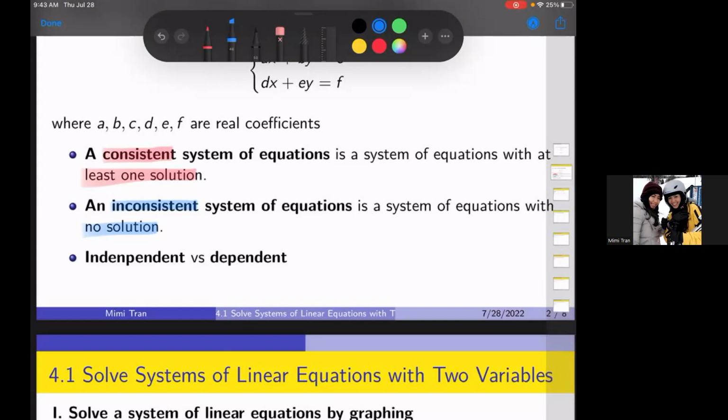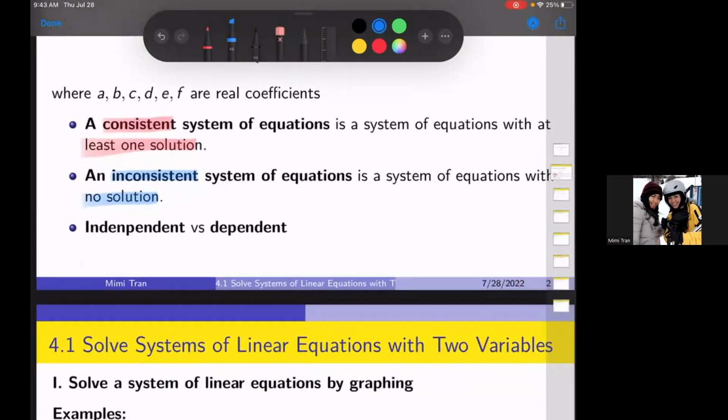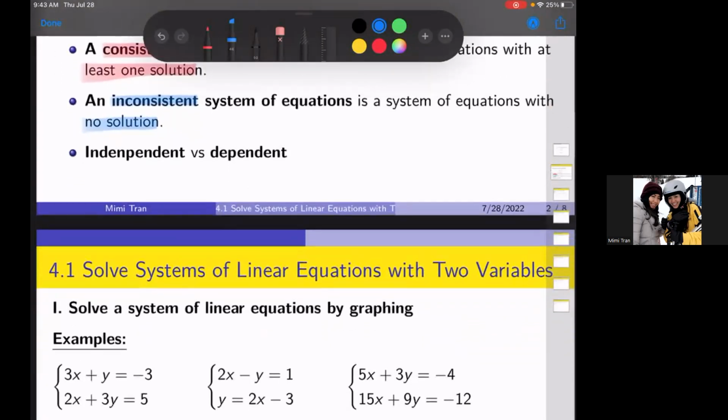Then it's independent because the two lines are not on top of one another, right? As long as you can see two lines separately, that's independent. It's dependent when the two lines are kind of on top of one another, right? What they call it in the book, I forgot. Overlapping something, I forgot the term they call, but basically it's the same equation. So they kind of lay on top of one another. So that's dependent.